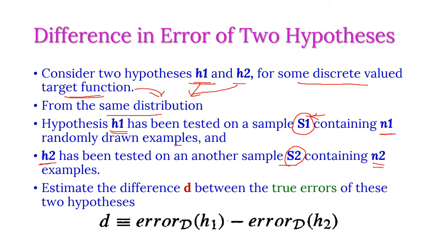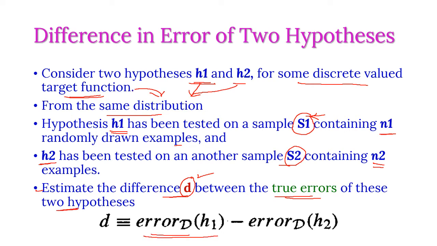Okay, and estimate the difference between these two hypotheses, H1 and H2. The difference is denoted by the letter d. Now we need to estimate the difference between the true errors of these two hypotheses. This is the true error of the hypothesis, right?